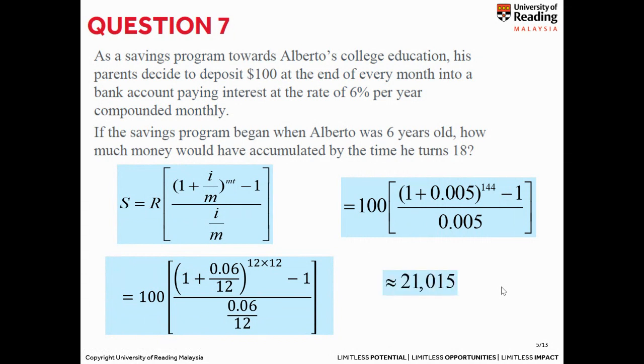Your answer should be 21,015. We round it to the whole number. Sometimes you may need to read the question at least twice before you can really understand what the question wants. Now we shall go to the last question.